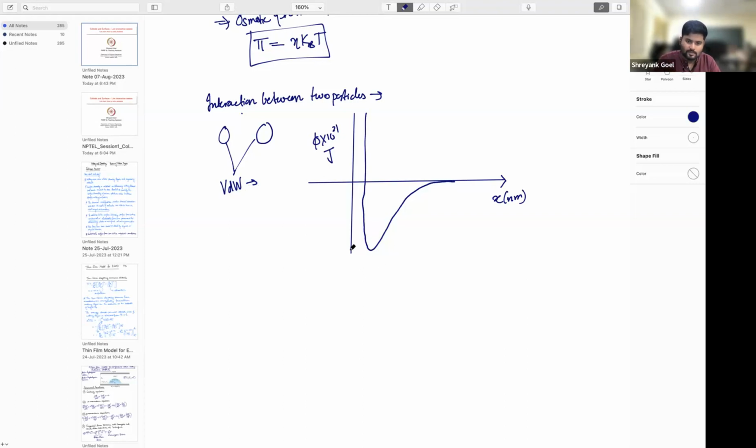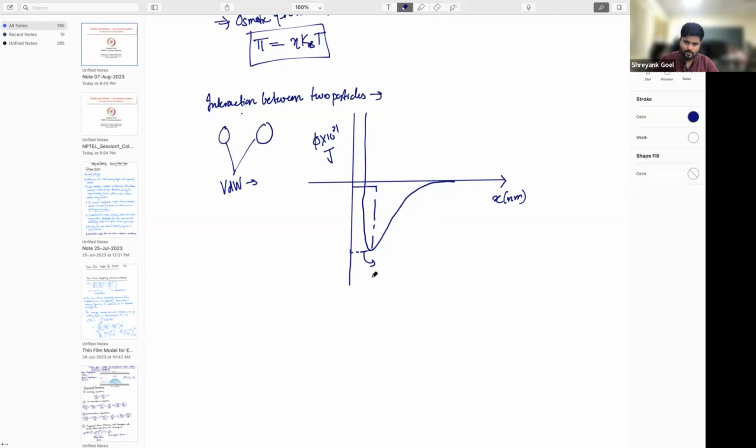That's the minimum energy. The two particles are in equilibrium when they are having this minimum energy. This is the minimum energy well, and this is the distance. So this is part of the attractive potential.